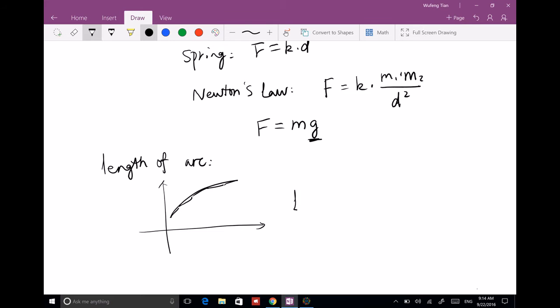L equals the integral from a to b of the square root of 1 plus f prime of x squared dx. I think for each one I have to multiply by something. Let me double check it.